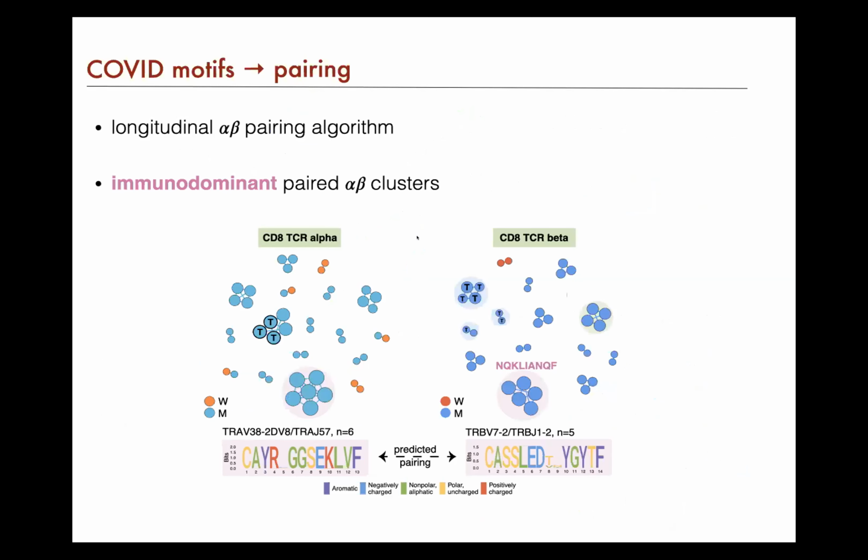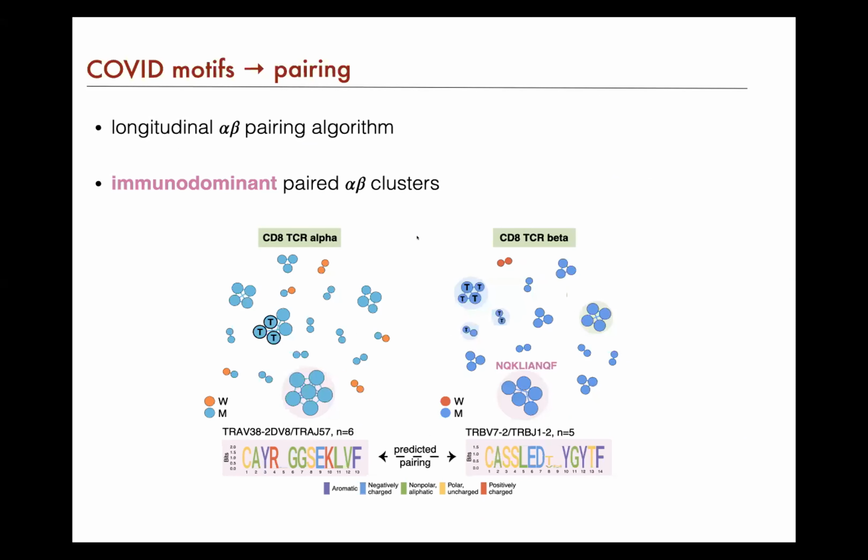So we can take another look at it and use another technique we developed for longitudinal alpha-beta pairing. We take the longitudinal trajectories of alpha and beta clones and statistically map the change in their frequencies over time to figure out which alpha and which beta receptor come from the same cell.